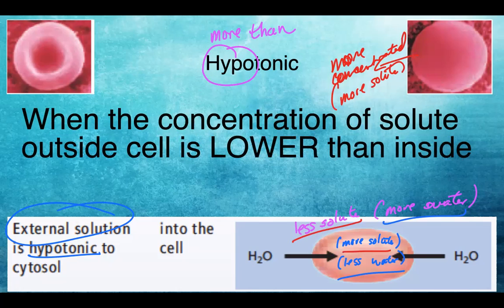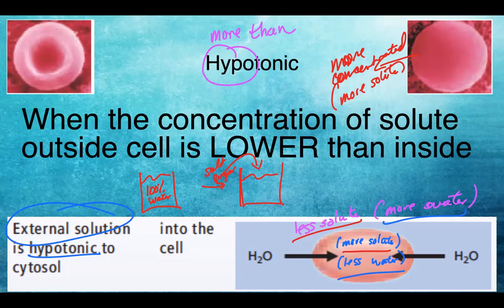If you have less solute outside, that means the concentration of water is higher. Because if you think about, let's say you have two beakers, this is 100% water. If I start adding salt, or sorry, if you can hear that, that's my cat having a fit.